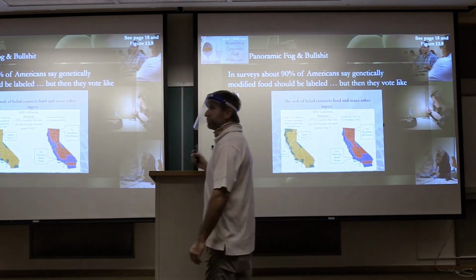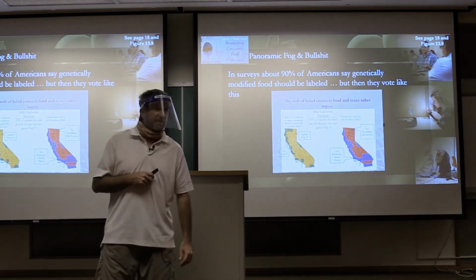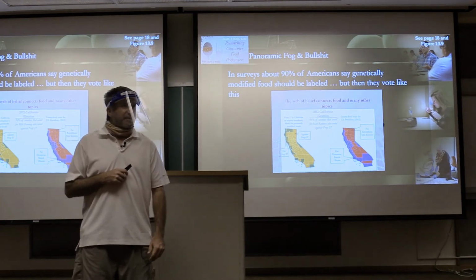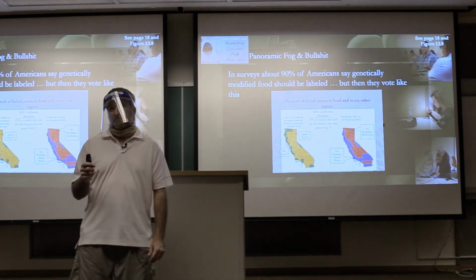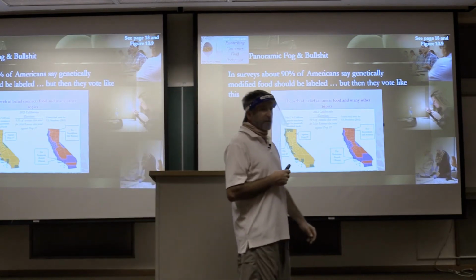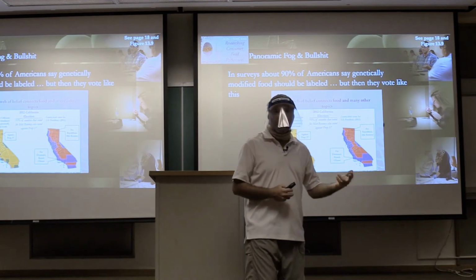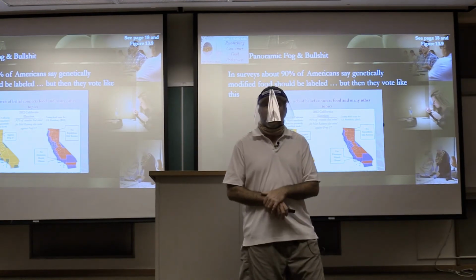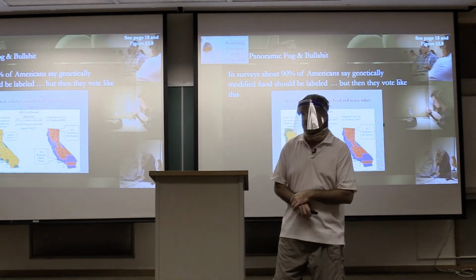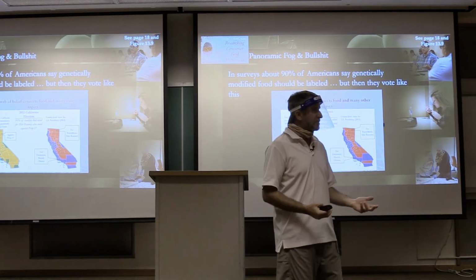And this is partly one reason why food becomes so political. When you survey people about whether we should label genetically modified food, you give them a survey question, should we label food that has GM ingredients? About 90% of Americans say yes. And there have been tons of surveys showing this.